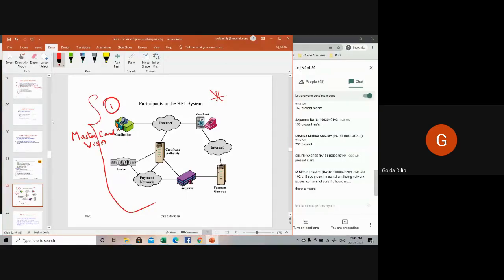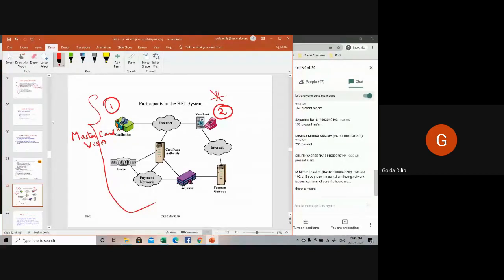Then the second party involved in a SET transaction is the merchant. This can be any person or even an organization who wants to sell its goods and services to the card holders.